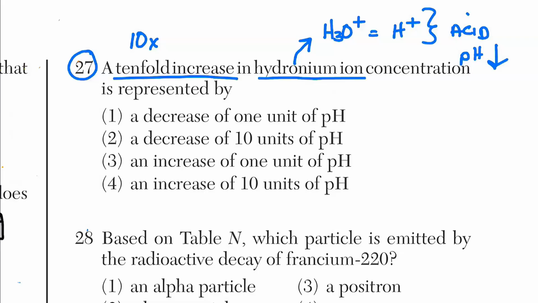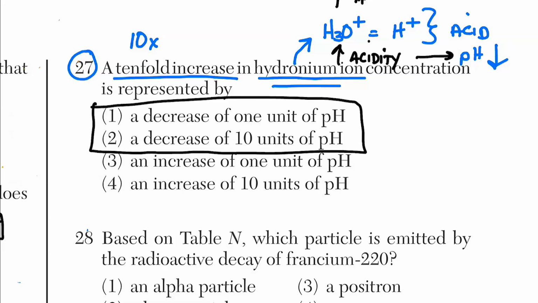If I'm going to increase my hydronium ion concentration, what I'm really doing is increasing the acidity, and therefore the pH is going to drop. So you're going to have a decrease in your pH.